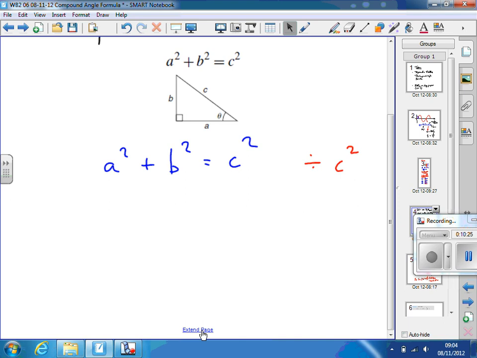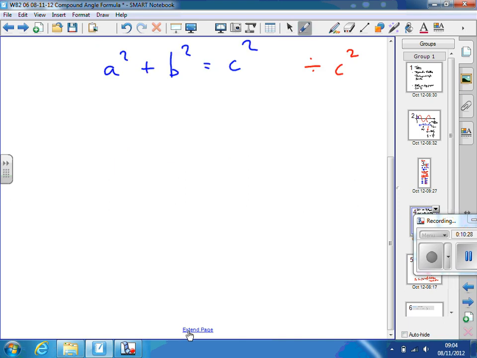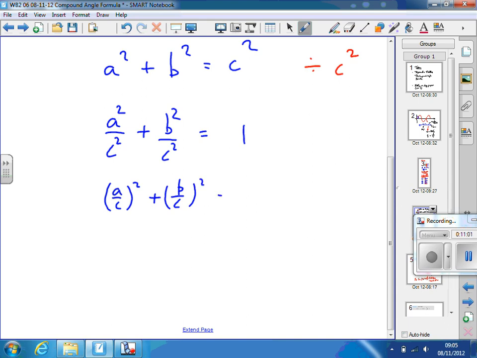So if I divide through by c squared, I get a squared over c squared plus b squared over c squared equals c squared over c squared, which is 1. A squared over c squared could just as easily be written as a over c all squared plus b over c all squared equals 1.